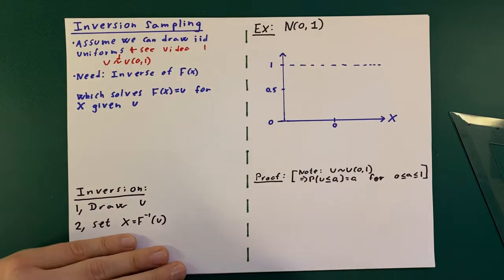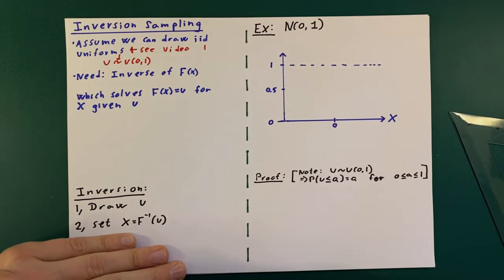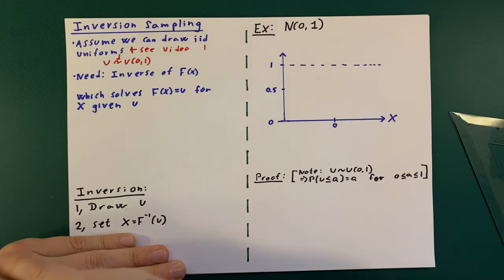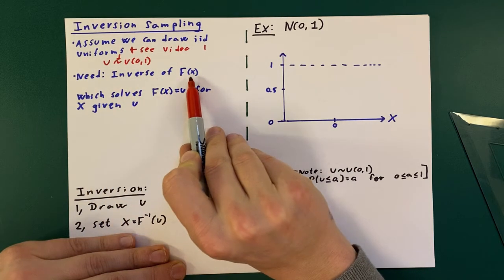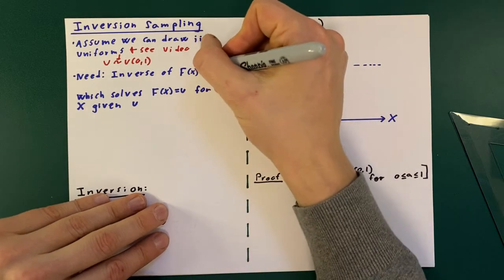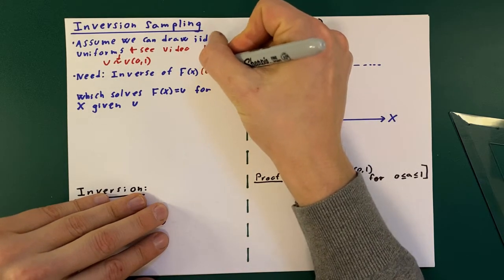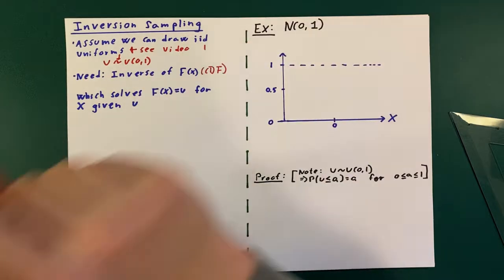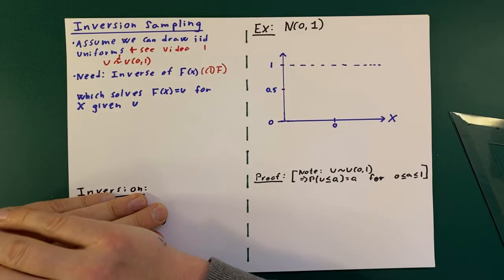I think I motivated that, so you can look into any further details about that if you want. For this inversion sampling method, what we're going to need is the inverse of F, where F is the CDF, the cumulative distribution function, of x.